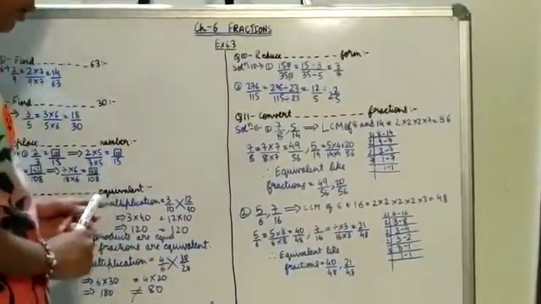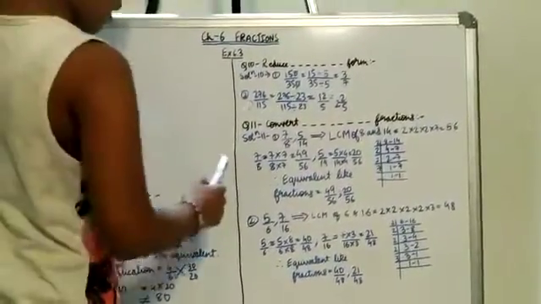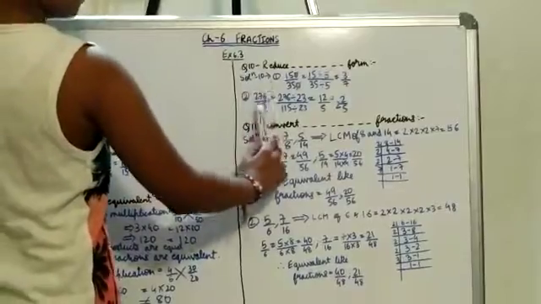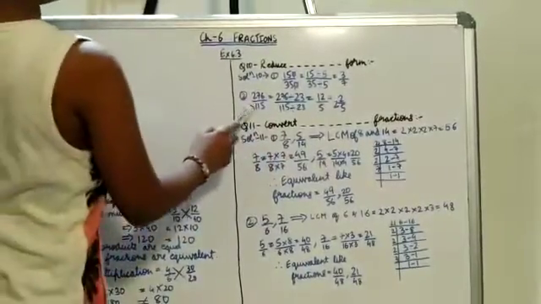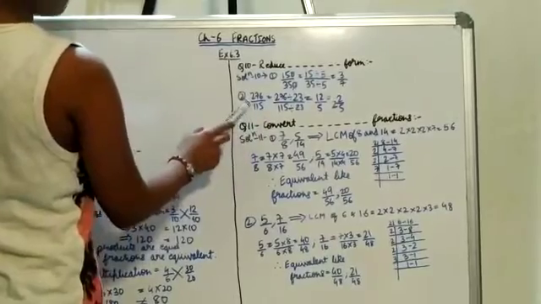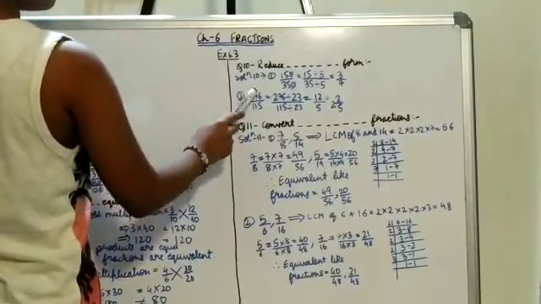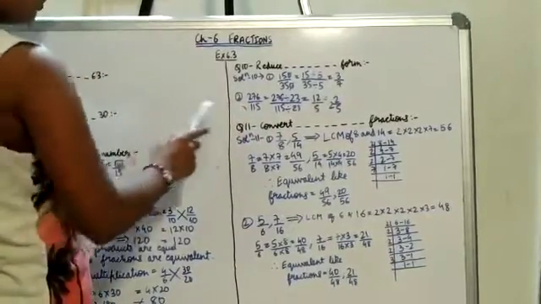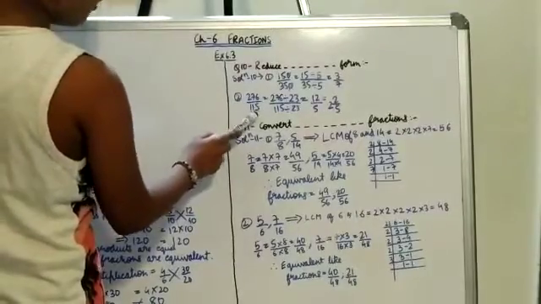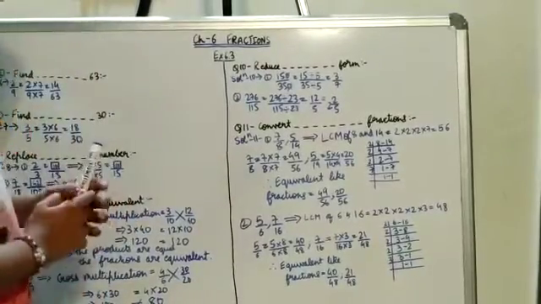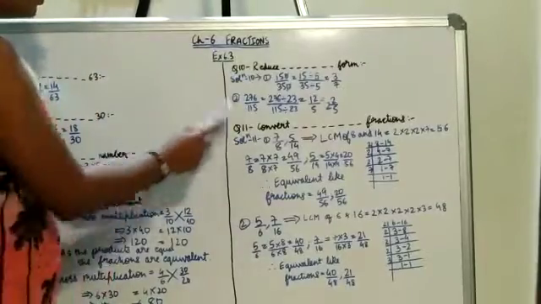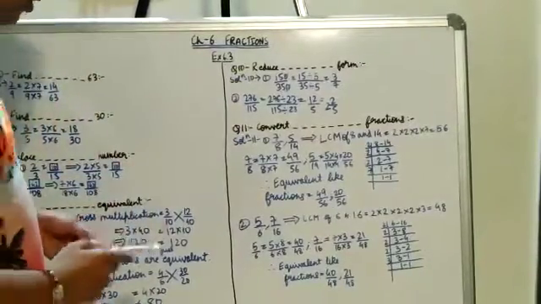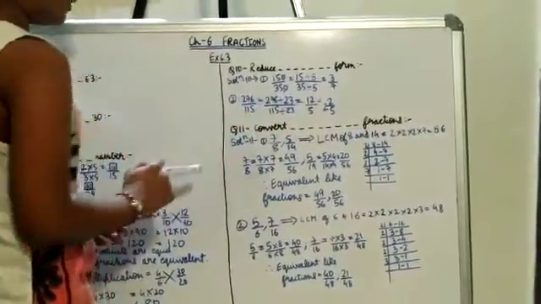Then 276 upon 115. It's a difficult number here. We don't know the table. So in order to find it, we simply find the HCF of the smaller number with the greater number. Find the HCF of 115 and 276. When you find the HCF of 115 and 276, you will get the HCF as 23.